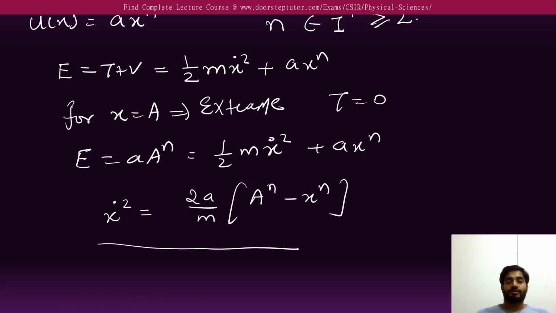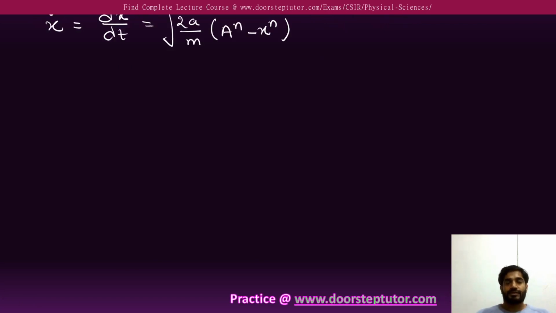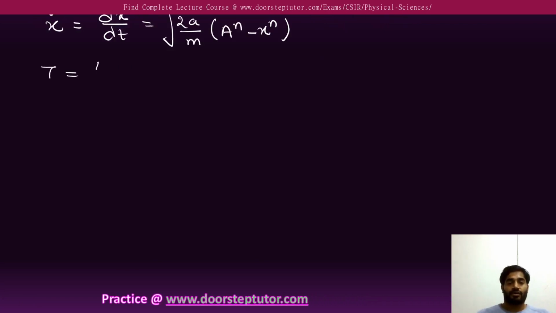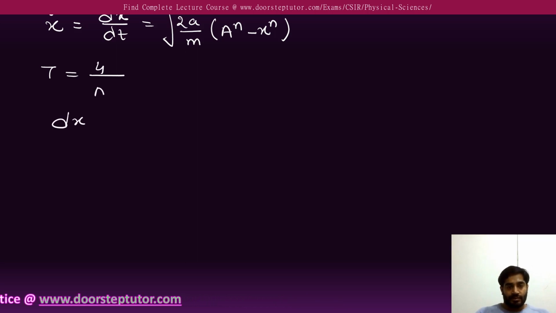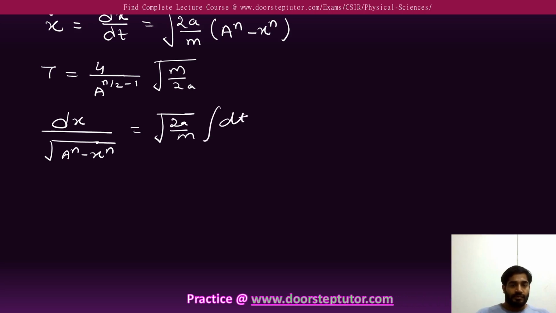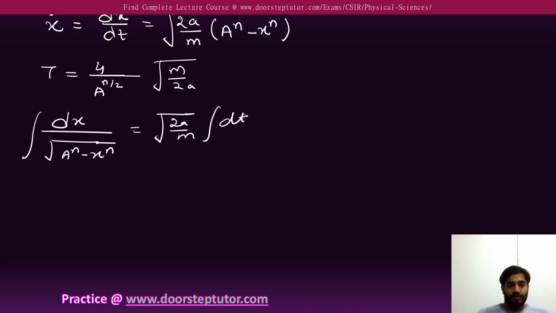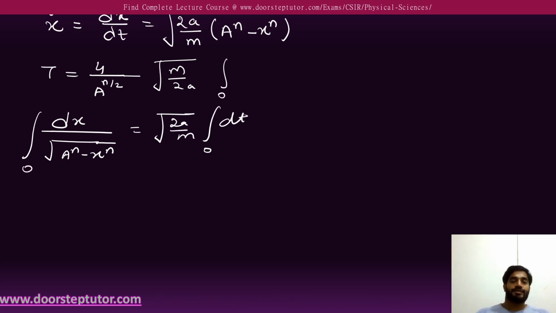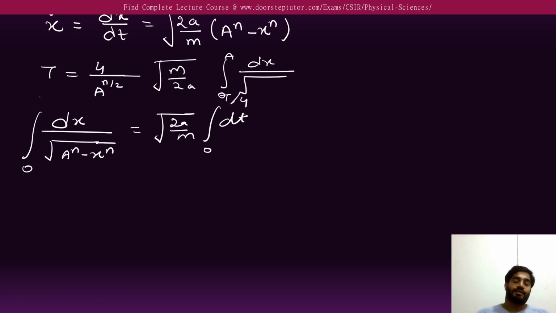Now we will solve this. So this is the term we found for x dot. Now, dx over root of a to the power n minus x to the power n equals root of 2a by m dt. Now this is going to be an integral. At t equals 0 the amplitude is 0, and at t by 4 the extremum is a.